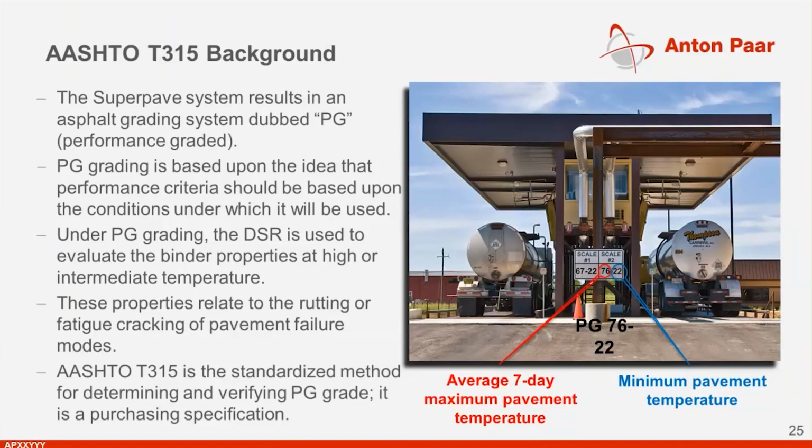The high PG value, 76 degrees, is the average of the maximum pavement temperature from 7 consecutive days. And the low PG in this example is minus 22 degrees, which is the minimum pavement temperature within 1 year.